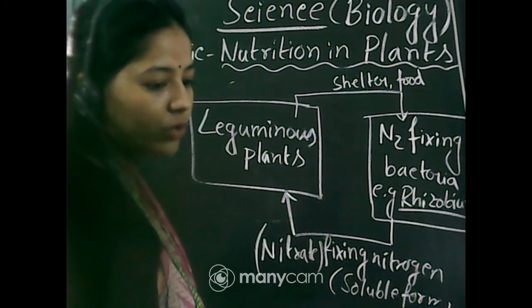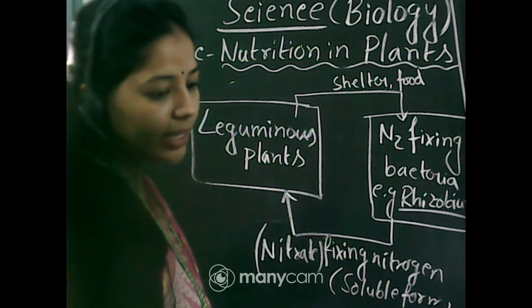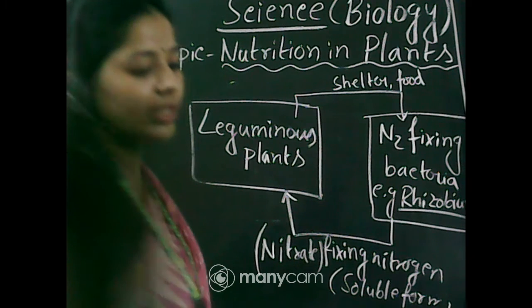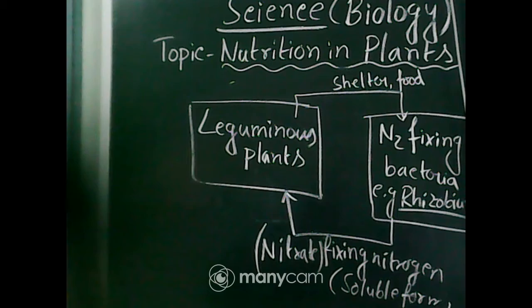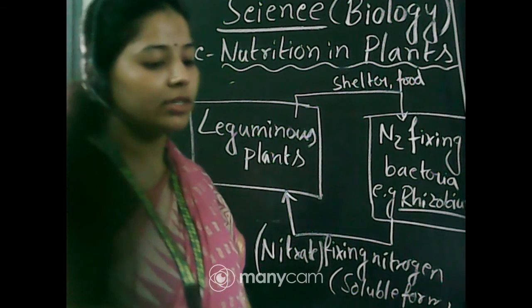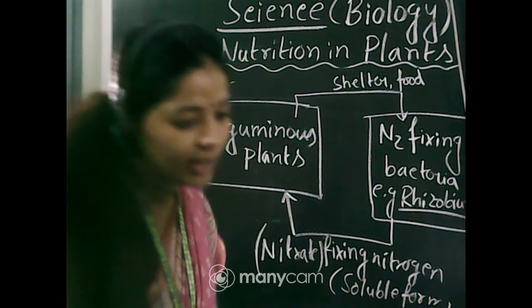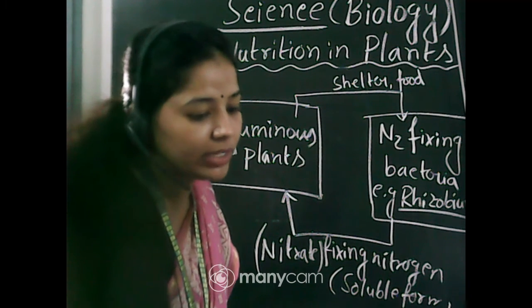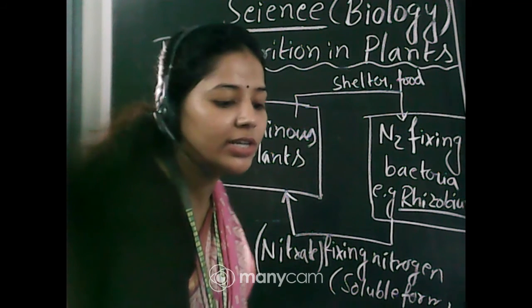So I have told you that by two ways the nutrients are replenished in the soil. The second way that I have told was growing leguminous plants. By growing so many leguminous plants over a field, as there is a symbiotic relationship between these leguminous plants and nitrogen fixing bacteria, this association is of great significance for farmers.